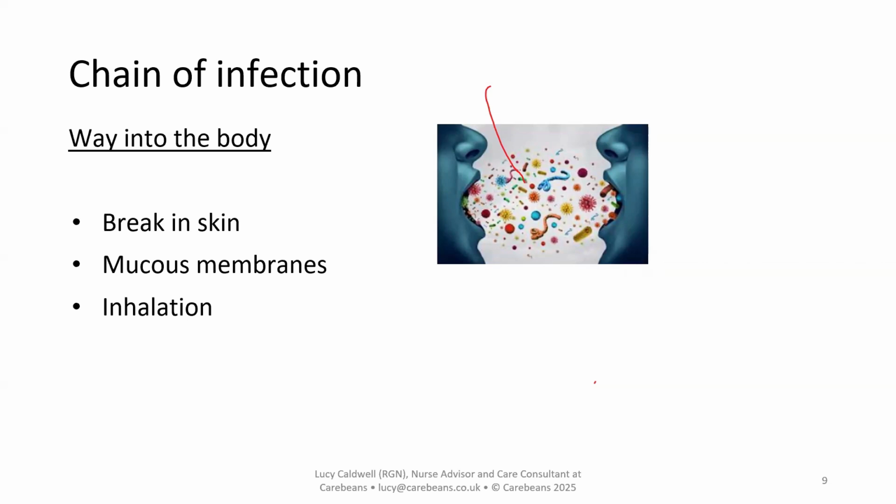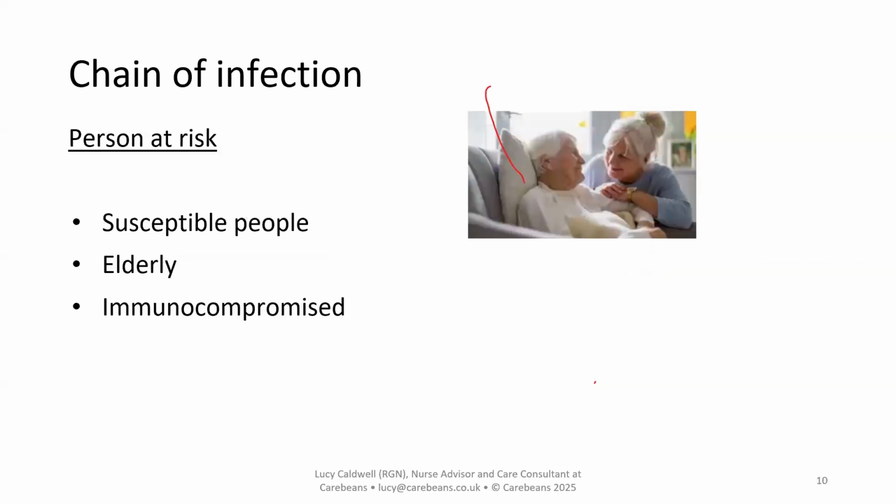There are different people that can be more at risk. We're all at risk of catching or spreading infections, but people more at risk are susceptible people. So perhaps people that haven't been vaccinated or have certain health conditions, maybe smokers or a high BMI, for example, would make someone susceptible to infection, and also the elderly and the immunocompromised.